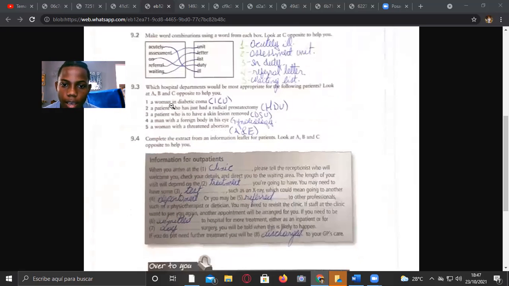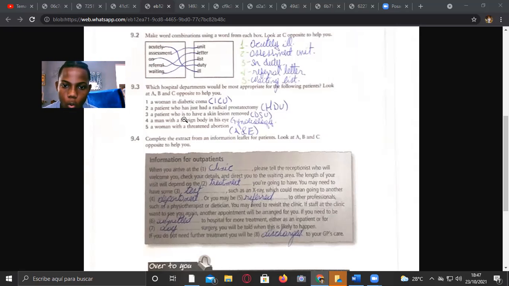Which hospital department would be most appropriate for the following patients? Look at A, B, and C opposite. A woman in diabetic coma, ICU. A patient who has just had a radical prostatectomy, HDU.